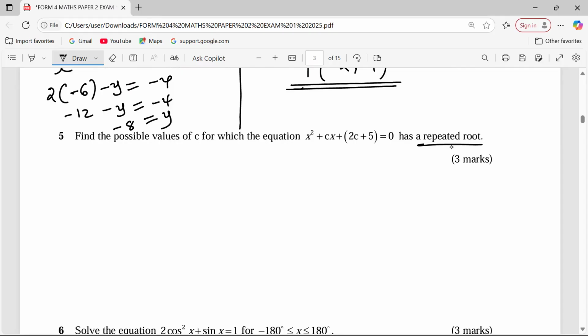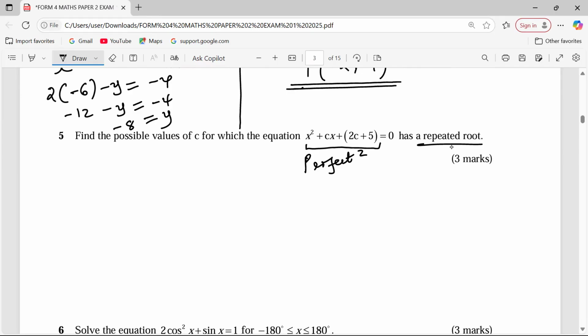Repeated roots means that when we expand our left-hand side, we shall get the same factors, meaning that the left-hand side is a perfect square. In other words, the quadratic expression before the equal sign is a perfect square.